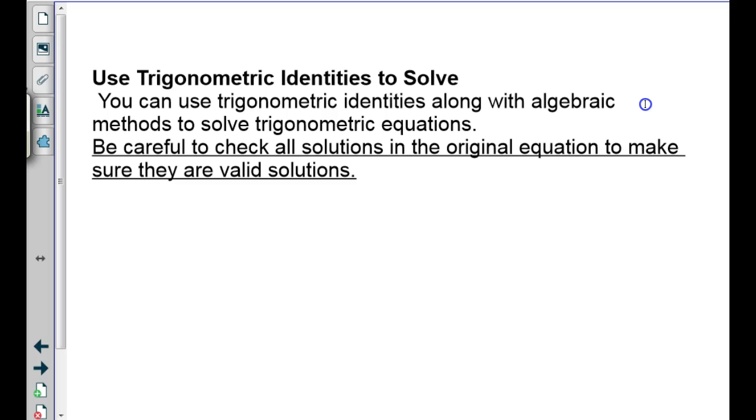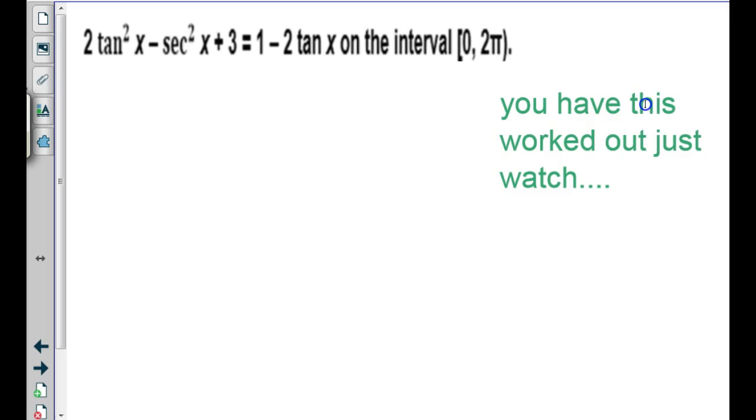All right. You can also do trig trades. You will have to sometimes do trig trades to solve. This is an ugly example, but you have it worked out, so just watch real quick. There is a tangent squared here, a secant squared here, and a tangent over here. So it's a hot mess. If you look at your list of what is secant squared equal to, though? 2 tan squared minus... What is secant squared equal to?